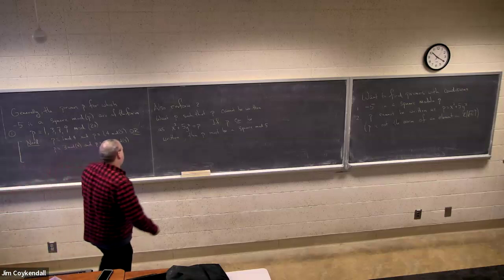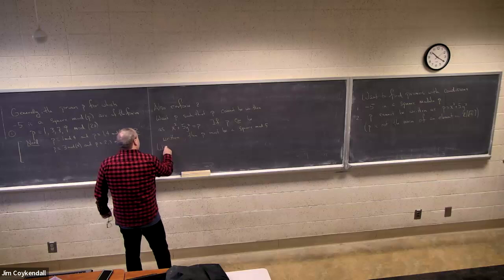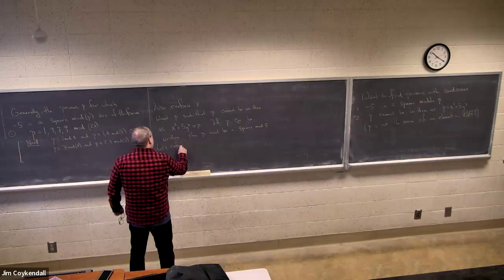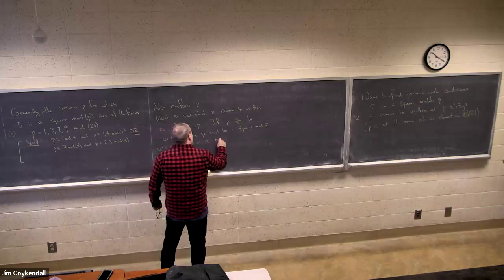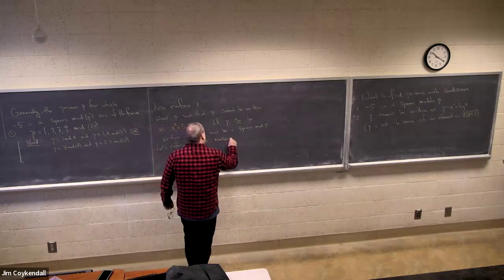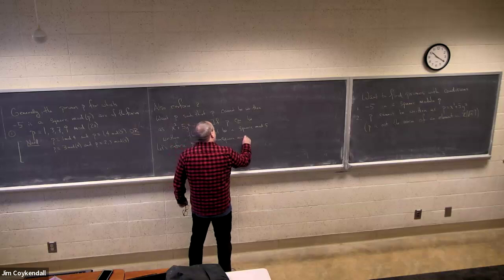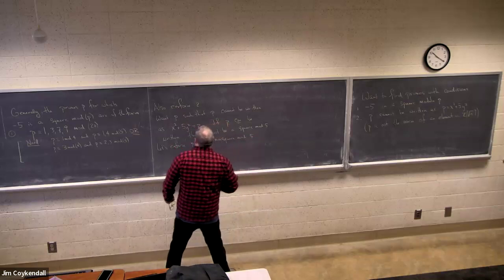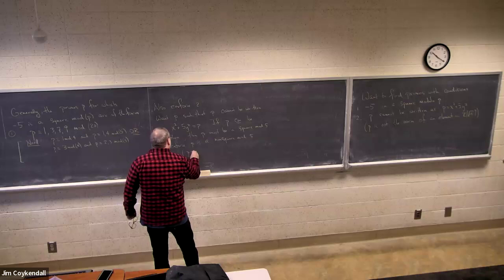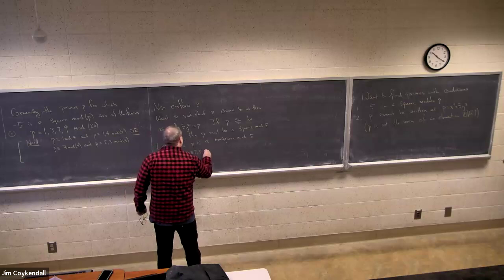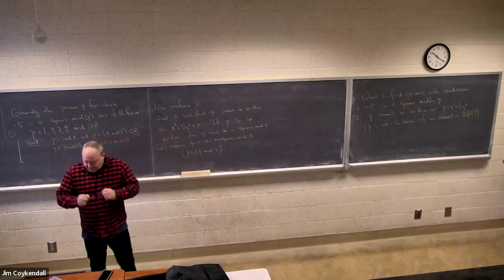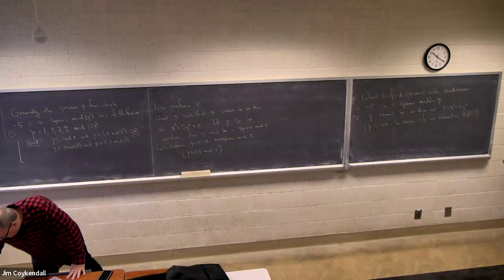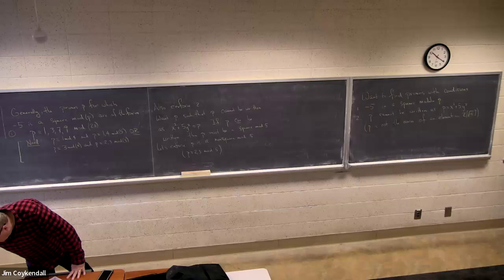So let's enforce that P is a non-square. That is, P is equivalent to 2 or 3 mod 5. And of course, I'm always ignoring the prime 5 here.